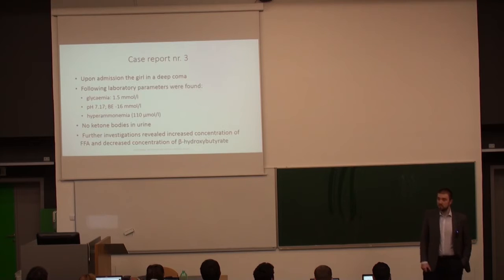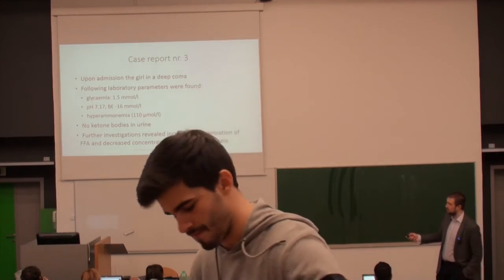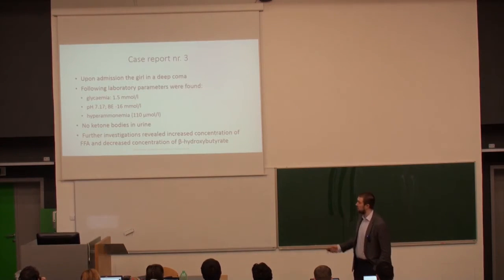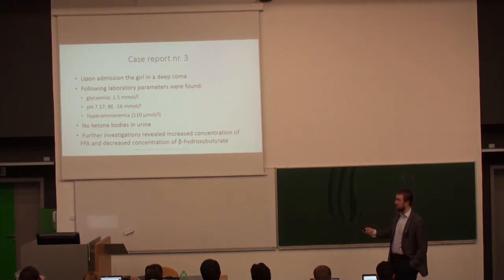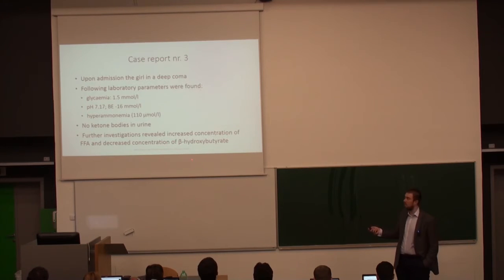In the urine, you found no ketone bodies, and further laboratory examinations found increased free fatty acids in the blood, but a decreased concentration of beta-hydroxybutyrate.